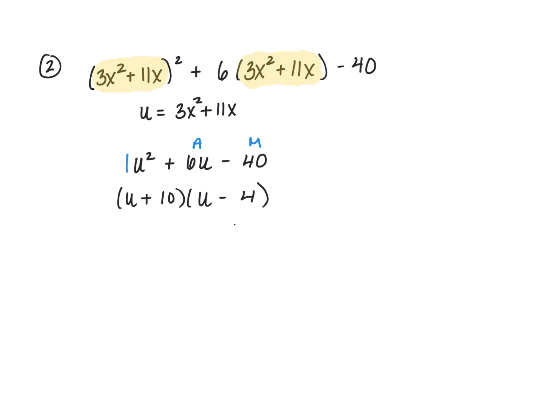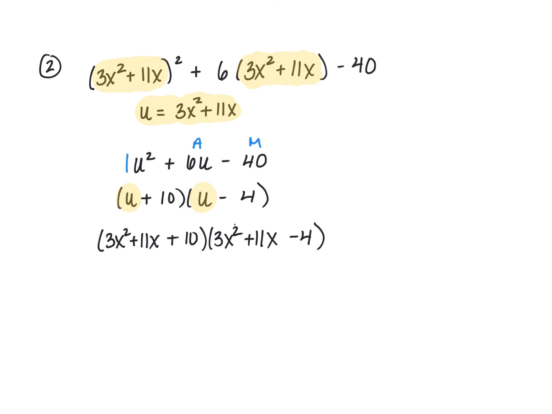Now that we put our u's in, we're going to put our x's back in. So since this is what u equals, I'm going to replace the 3x squared plus 11x for both of these. So 3x squared plus 11x plus 10, and then 3x squared plus 11x minus 4. Don't forget that it's really plus 10 and minus 4.